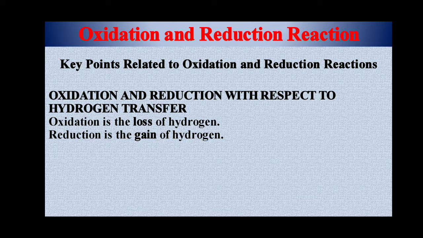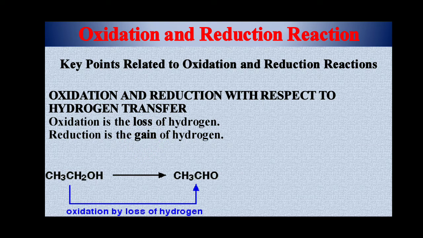Now, oxidation is the loss of hydrogen and reduction is the gain of hydrogen. That means this point is also based on the definition: in oxidation the substance releases hydrogen, that is loss of hydrogen, and in reduction it will gain or join hydrogen, that is gain of hydrogen.